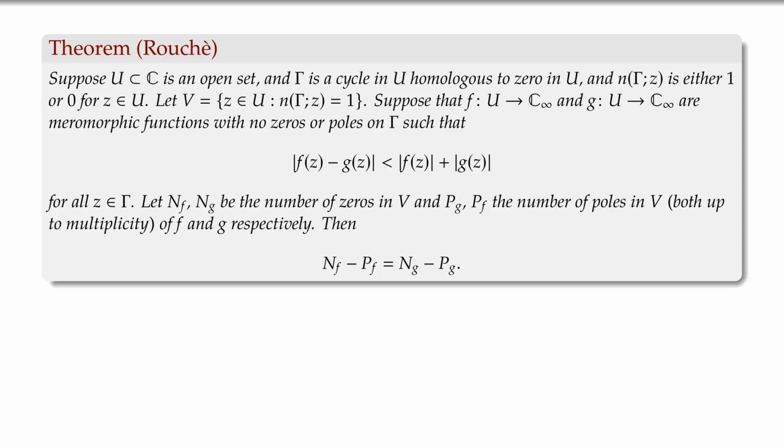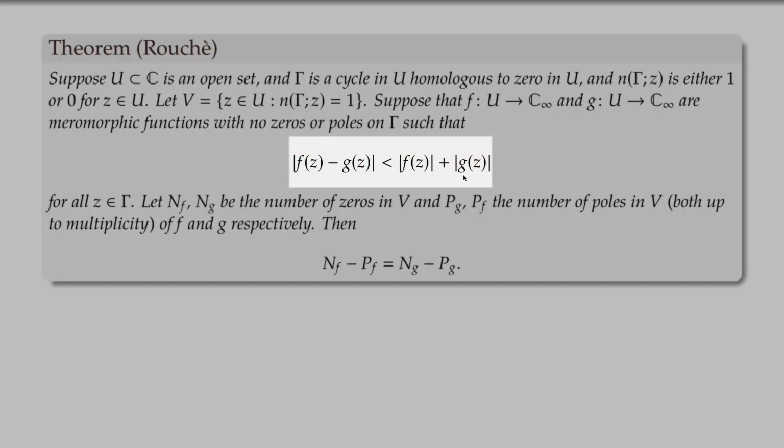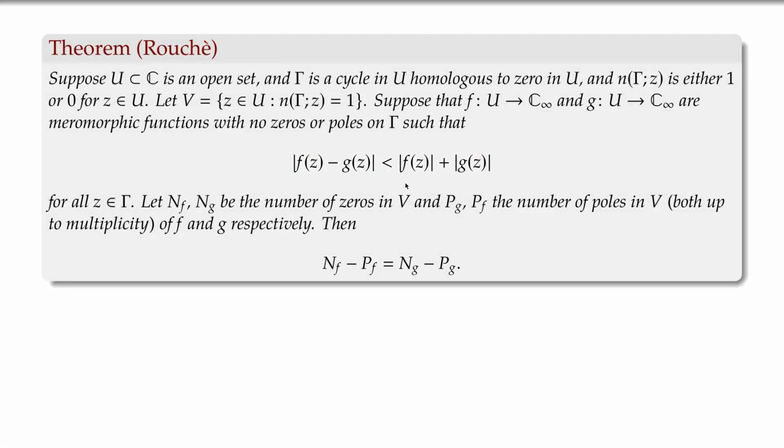The number of zeros minus the number of poles is equal for both functions, as long as they satisfy this inequality over here.